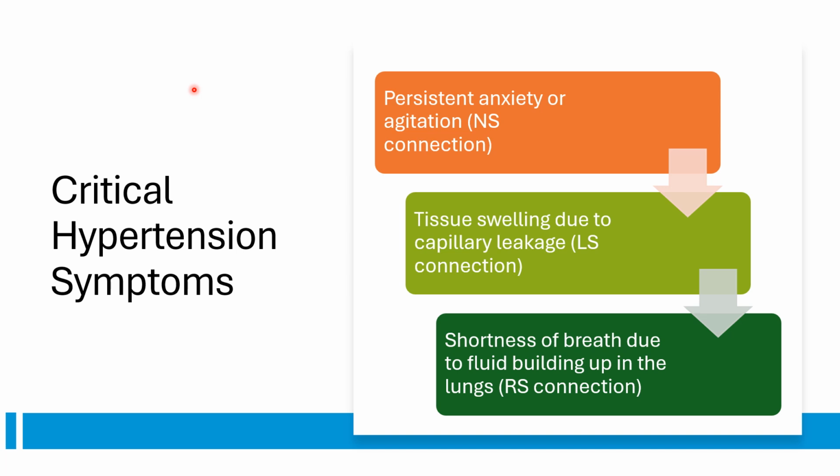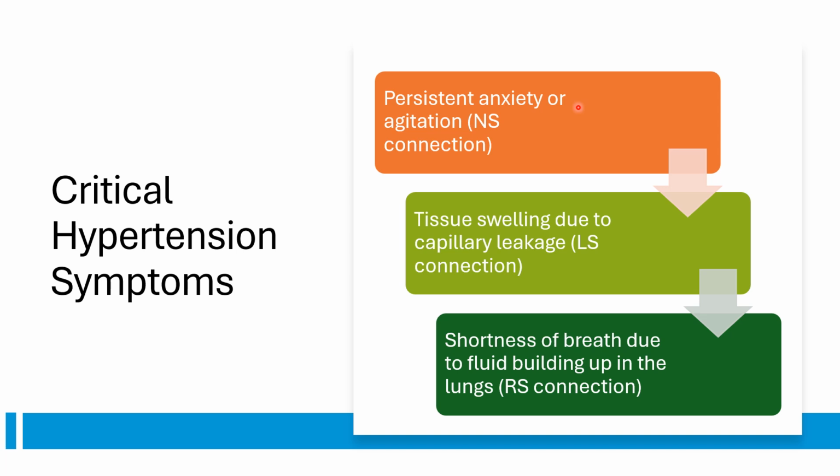Critical hypertension syndrome symptoms: persistent anxiety or agitation, tissue swelling, and shortness of breath. Okay, I show this slide because, again, hypertension, so hyper means above, so blood pressure that is too high, is associated with persistent anxiety or agitation.